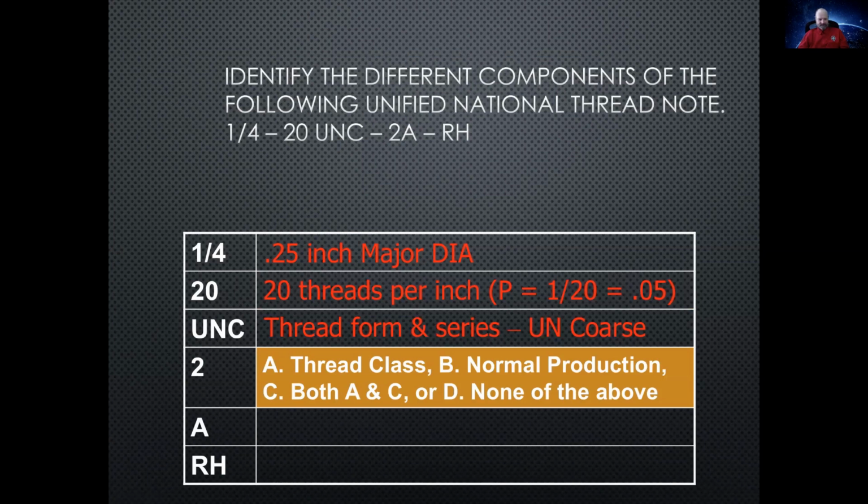Oh, you guys are saying B, huh? It's C, I believe. Right? It does give you normal production because it's a 2, but it's also a thread class, right?